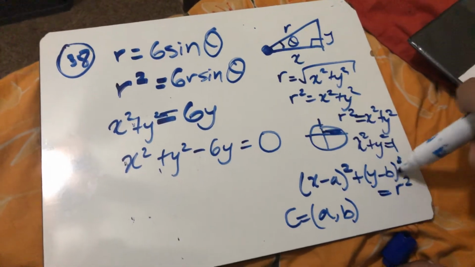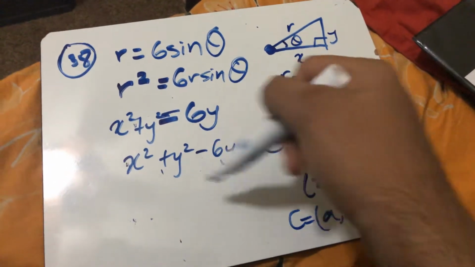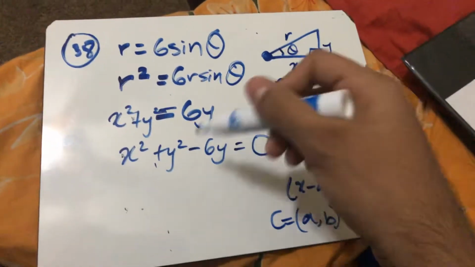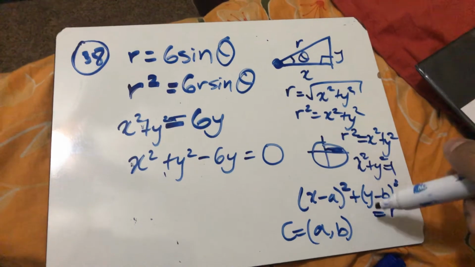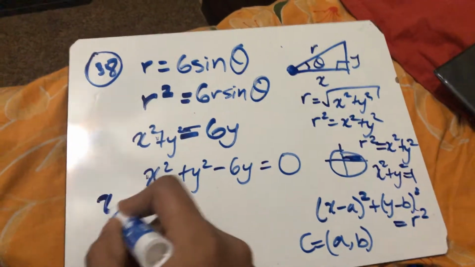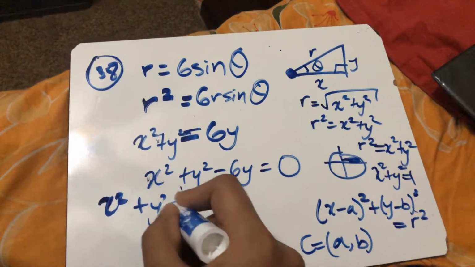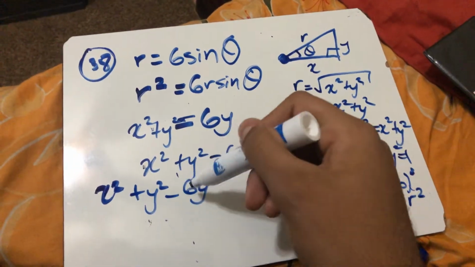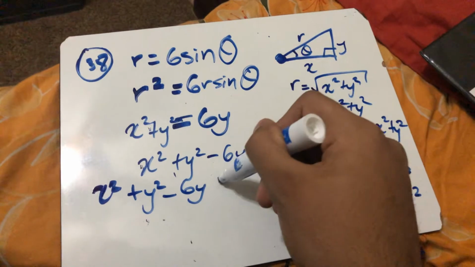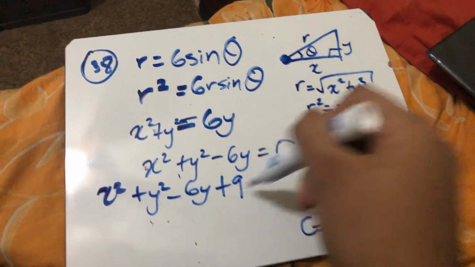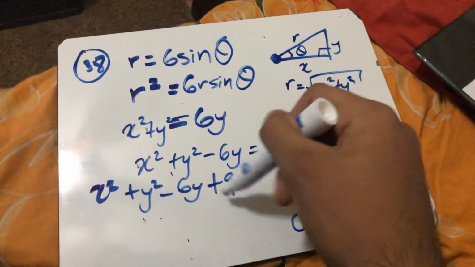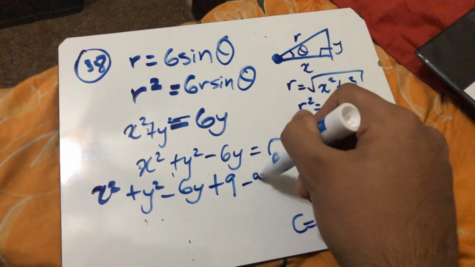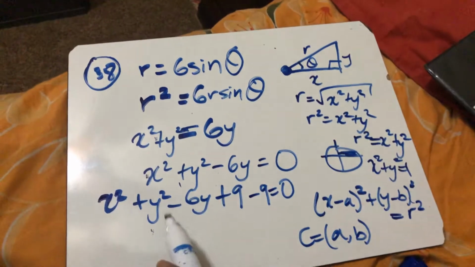If we look at y minus b squared, we can figure out a way to write this as a perfect square. Let's see. If we wanted a perfect square, we have 2 times 3. That means I would need to add a plus 9 here. But because I don't want to change the value, I need to add 9 and then subtract 9 and let that equal 0.